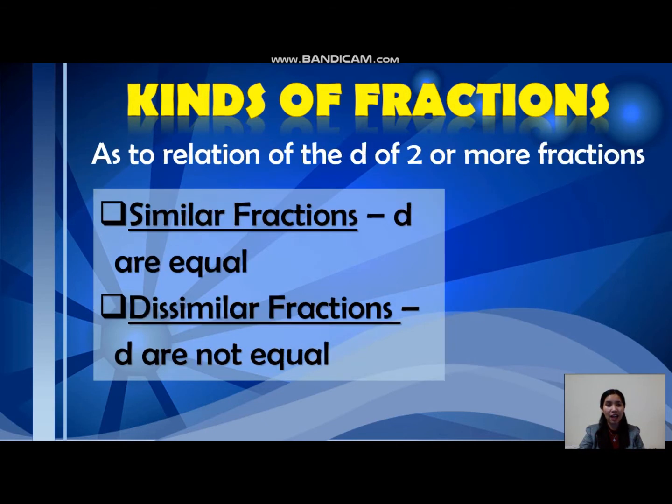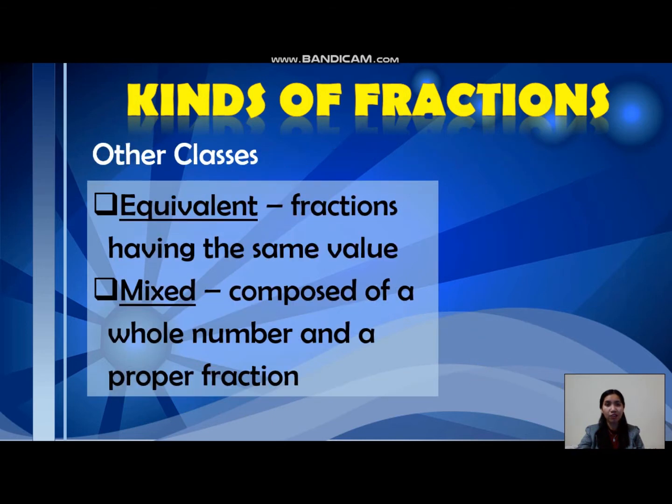Next, we have as the relation of the denominator of two or more fractions. Fractions are considered similar when their denominators are equal. Example, 5/7 and 2/7. Fractions are dissimilar when their denominators are not equal. Let's say 3/5 and 1/4.